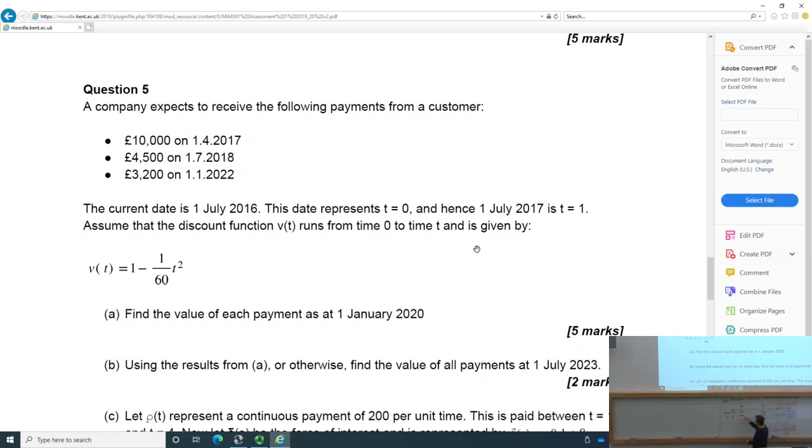So to find our present value, to find our accumulated value, that's going to be 1 over that, of course, so it's 10,000 multiplied by 1 over V 0.75 to 3.5, which is equal to 10,000 over that.